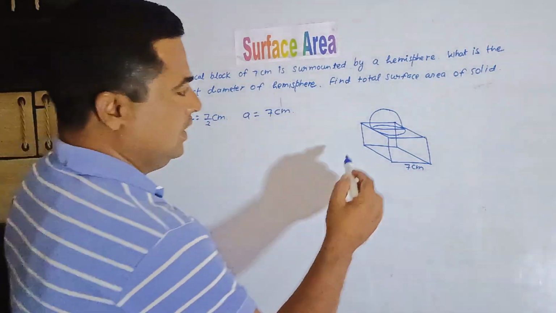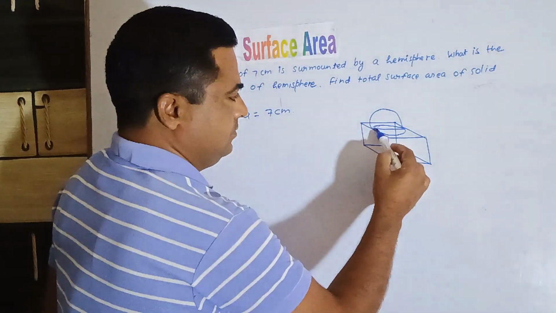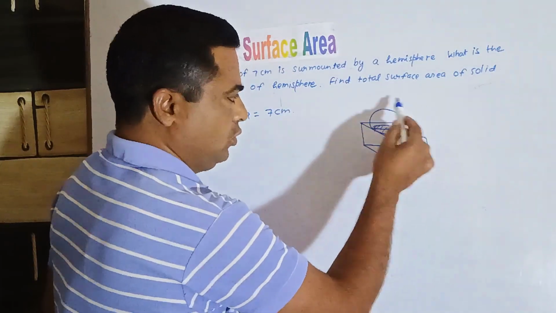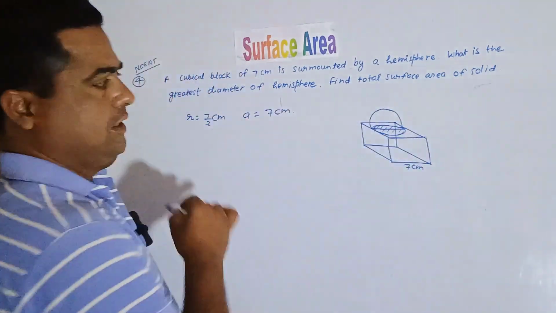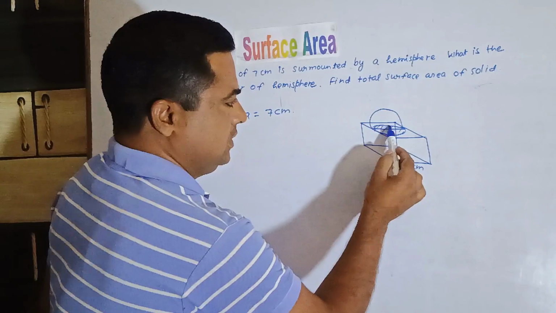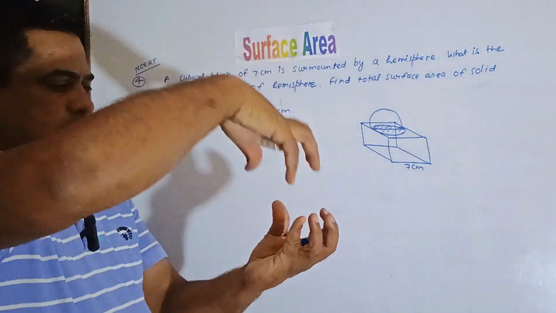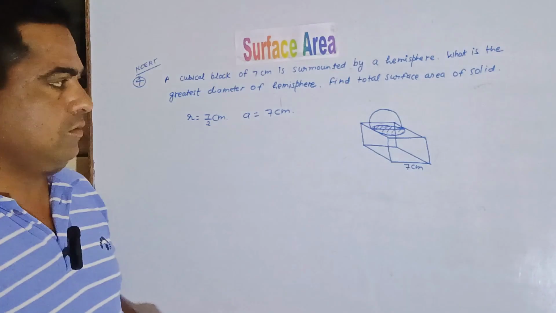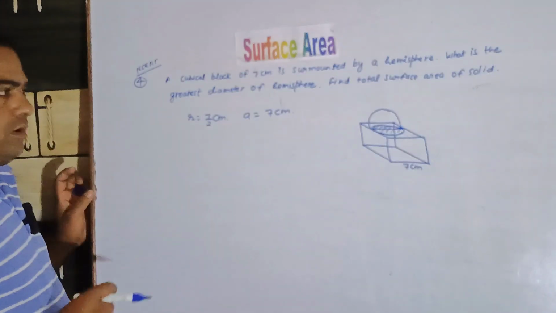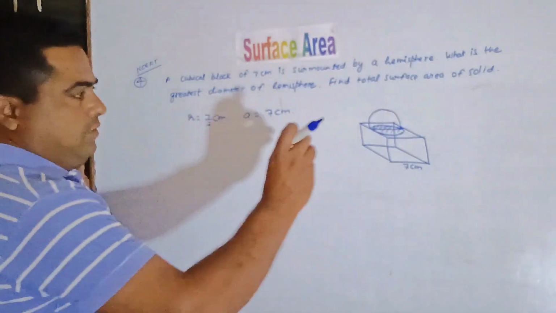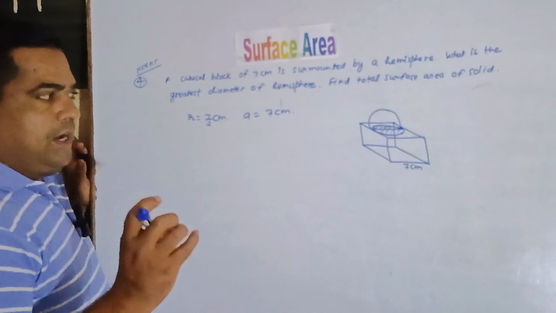Now we have to find total surface area of this solid. You can see this is the base of the hemisphere, and we have pasted this hemisphere on one surface of the cube. Students, what will we do here? We will use the painting concept again.